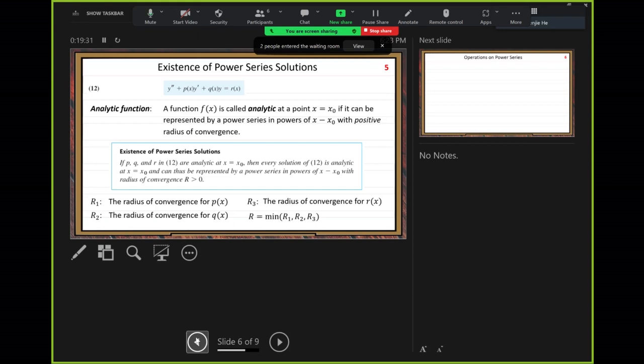So this theorem guarantees that if the given condition is satisfied, with coefficients P, Q, R satisfied, we can always find the power series solution. That's great. Although the computation could be hard, we can apply computer software.